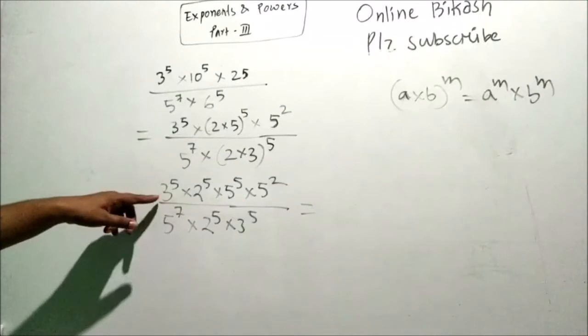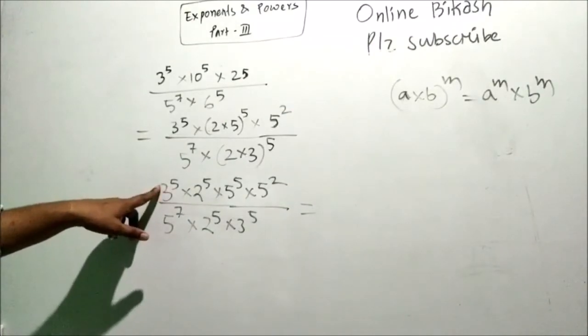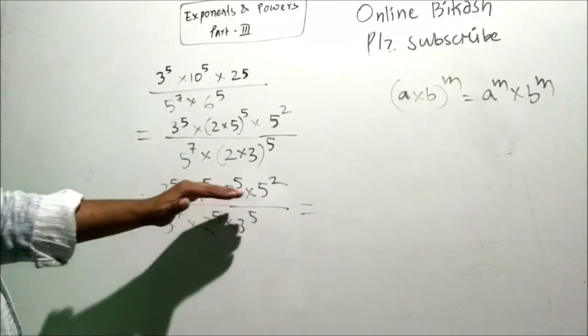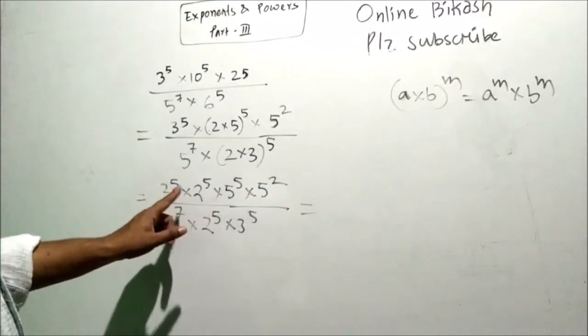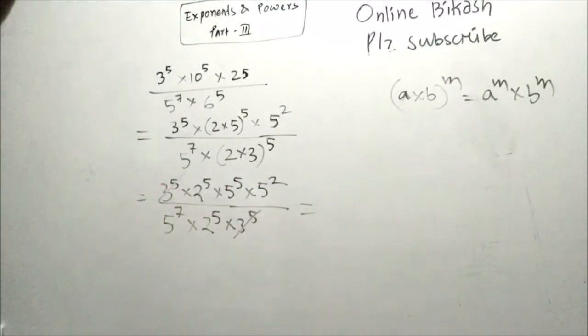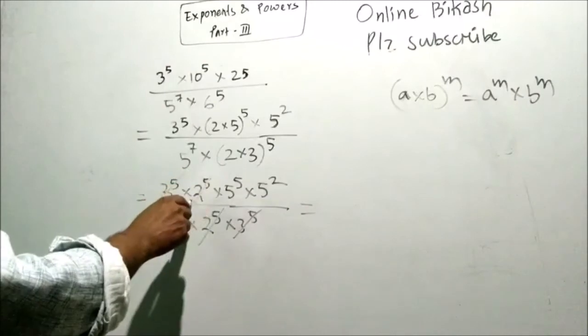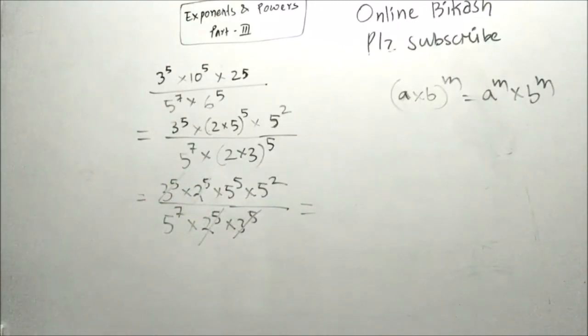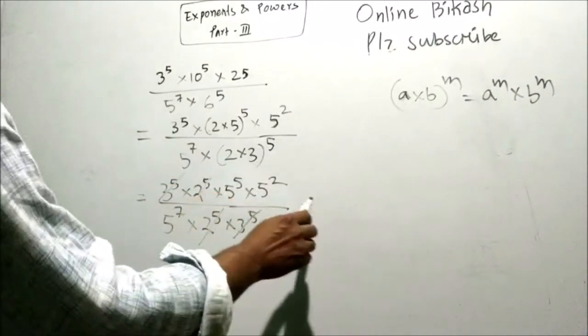Now this one is 3 to the power 5, and do we have any 3 here? No, here only we have. So 3 to the power 5 and 3 to the power 5 will get cancelled. Okay. After that, you can see this 2 to the power 5 cancels. Okay, now what are we left with? 5 to the power 5 into 5 squared.